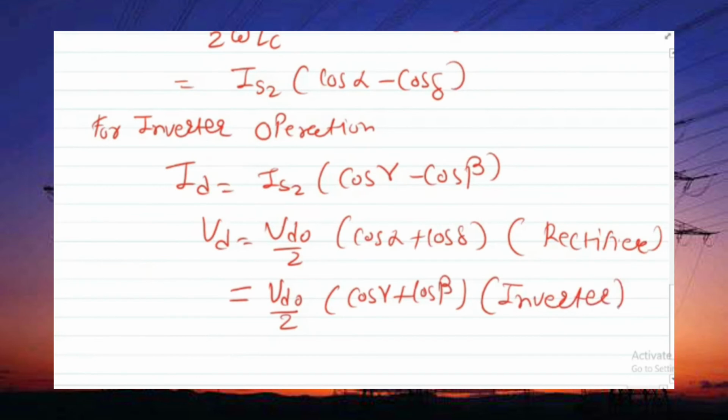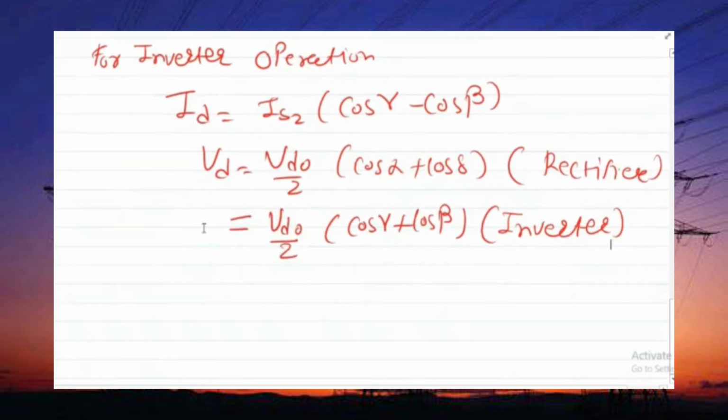This Vd is in the reverse direction, right? Therefore this becomes minus Vd is equal to Vdo by 2 into cos gamma plus cos beta.